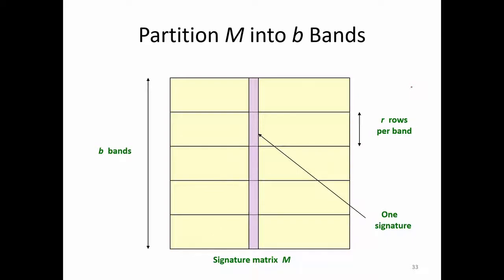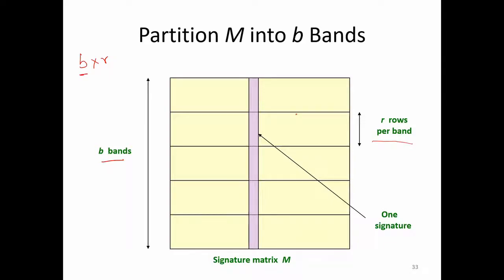Suppose you have a total of b times r many rows. This is the total number of permutations that you have computed, or total number of hash functions that you have used. You split this into b bands, and each band has r many rows.